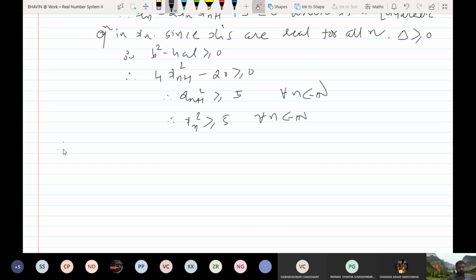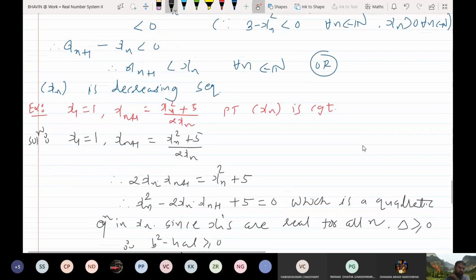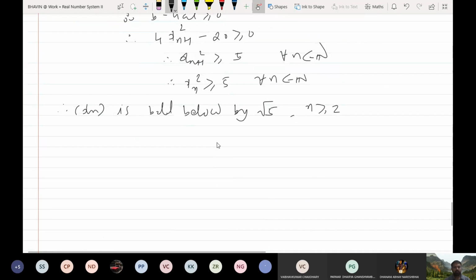From this you can say that xn is bounded below by √5, all the terms of xn are at least √5 for n greater than or equal to 2. Clear? Since x1 is given, x1 is 1, and after x1 all the terms are bounded below by √5.